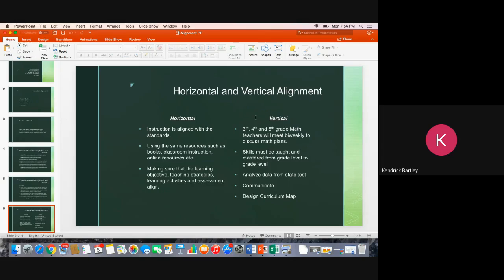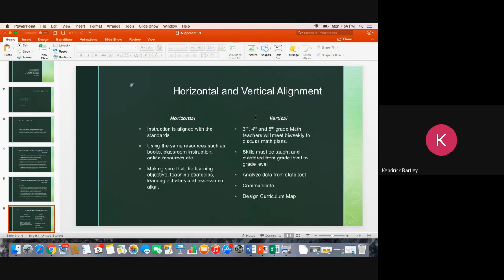So if the child comes to third grade and they're struggling with addition, well, that child's already behind. So therefore, first and second grade definitely need to make sure the child knows how to add prior to leaving that grade level. Because if the child is behind in kindergarten, if the child is behind in first grade, they have a tendency to be behind every grade level.